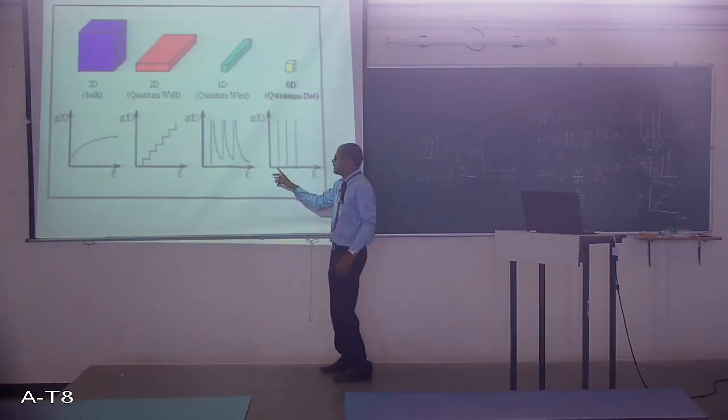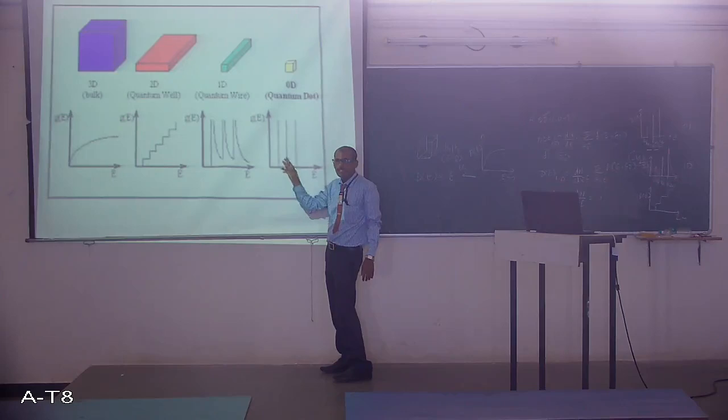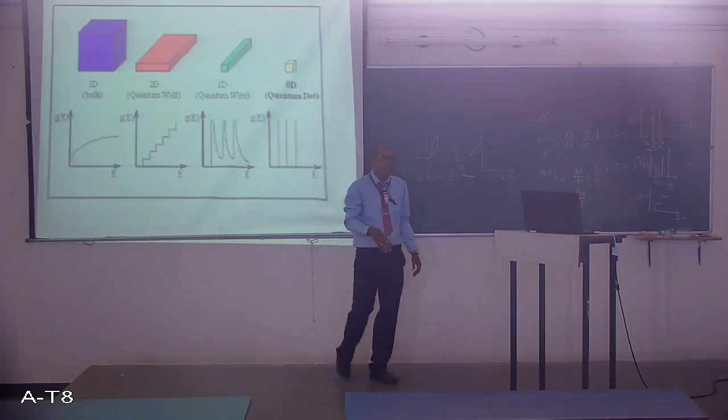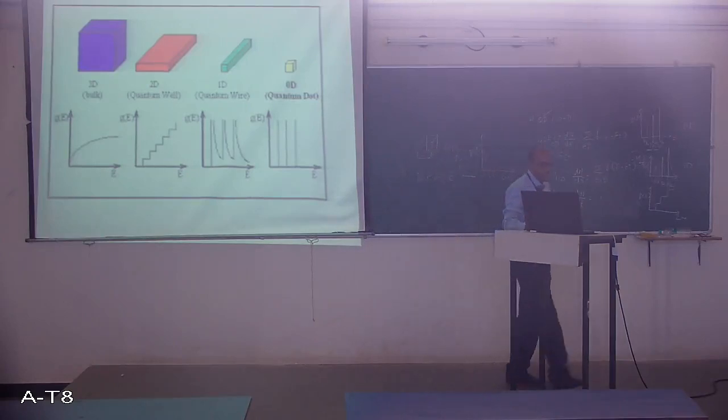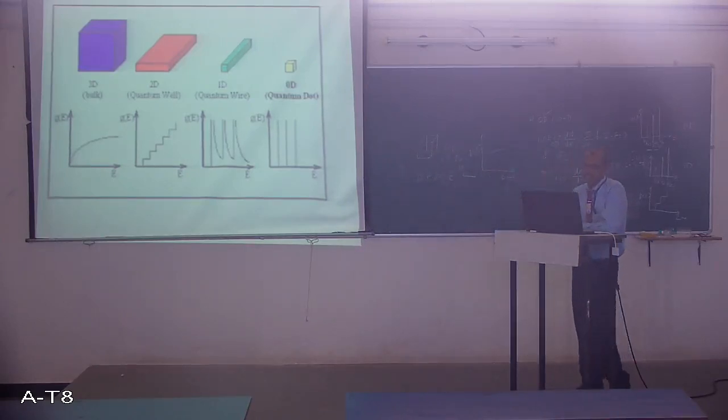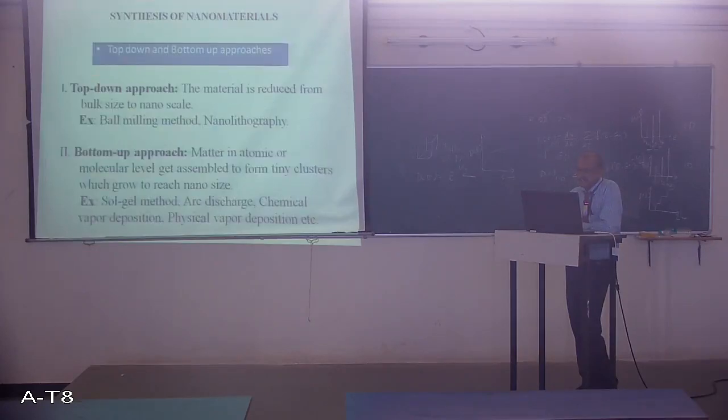It means at n equal to 1, E1 has a number of available states, at n equal to 2 it has some number of available energy states, but in between E1 and E2 there is no availability of states. So the energy levels in the case of zero dimension, that is in the case of quantum dot, are of discrete nature.